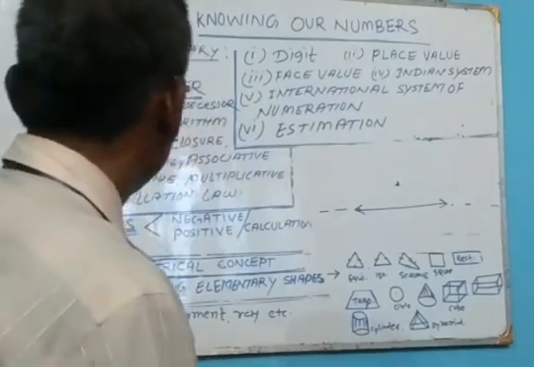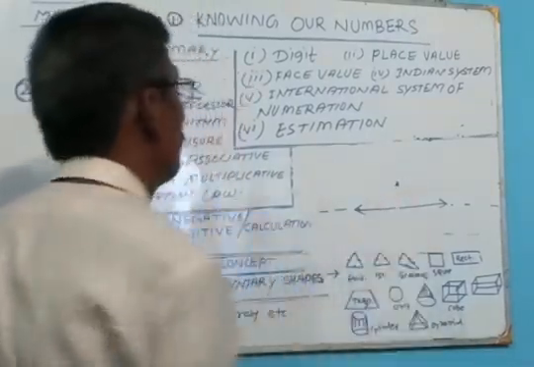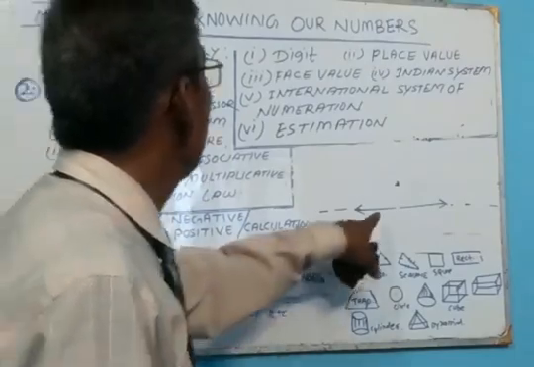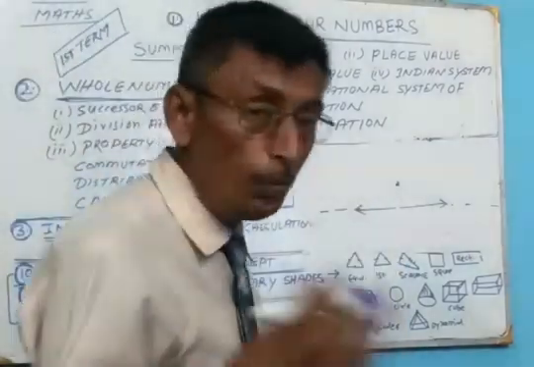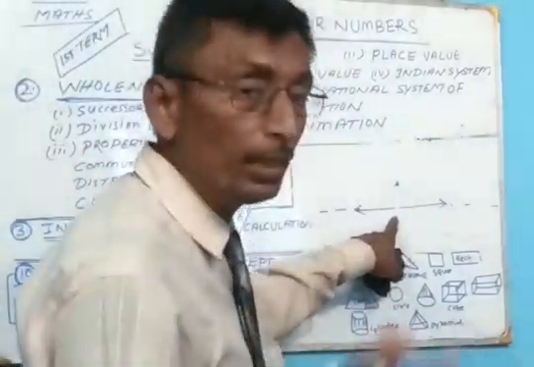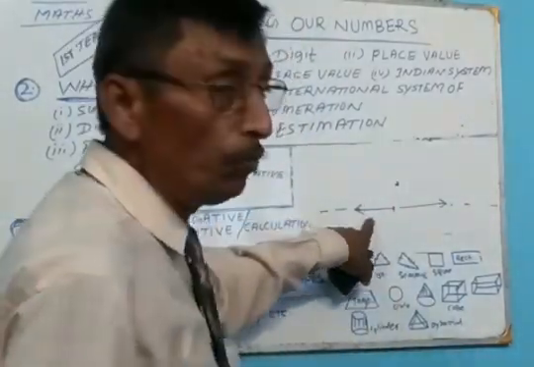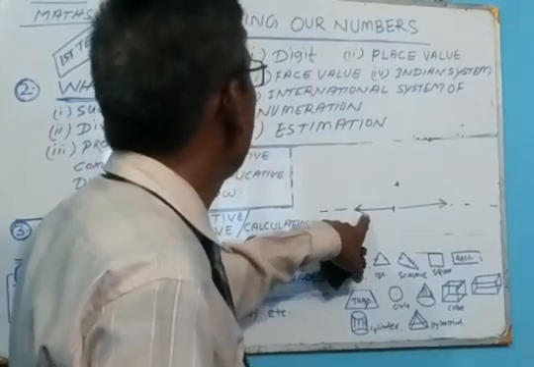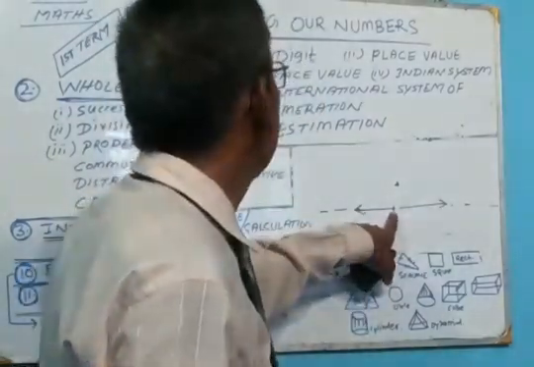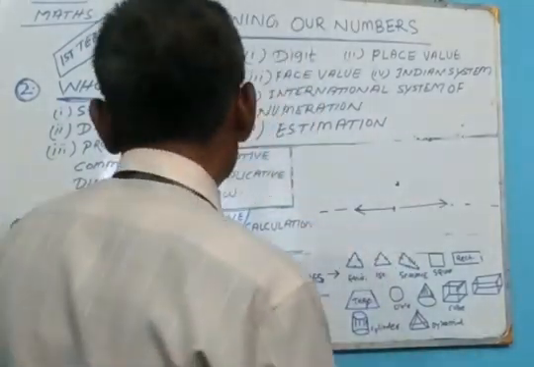But when we cut it, then it has only one end point and one start point. The line which has only one end point and one start point is called a ray.